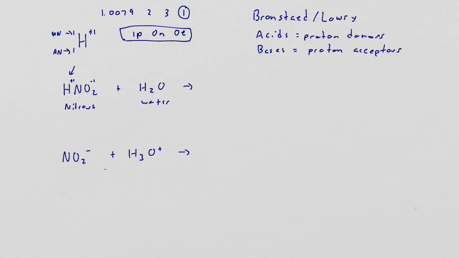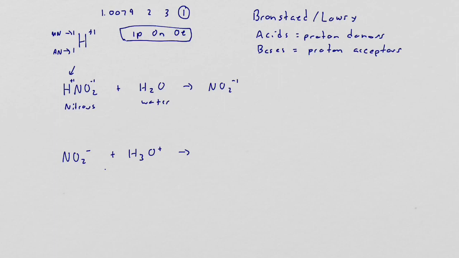What does donate mean? When I donate something, I give it away. If I donate some clothes to the Salvation Army, they have my clothes, and I don't have those clothes anymore. When the nitrous acid donates its hydrogen, its proton, it doesn't have it anymore. It turns into an NO2 minus 1.